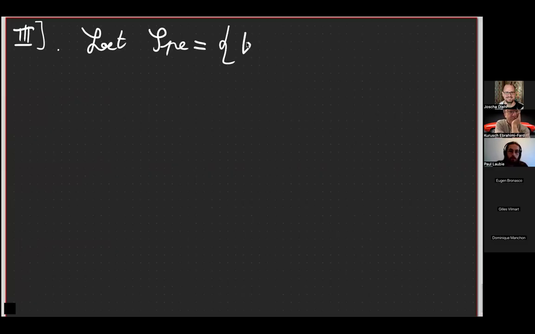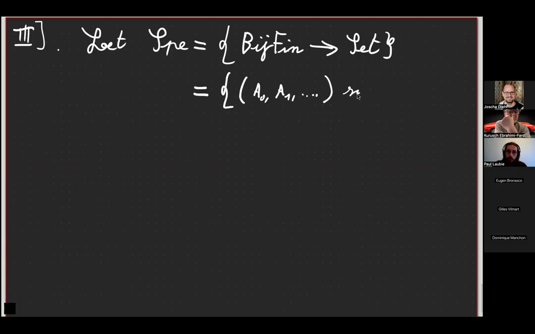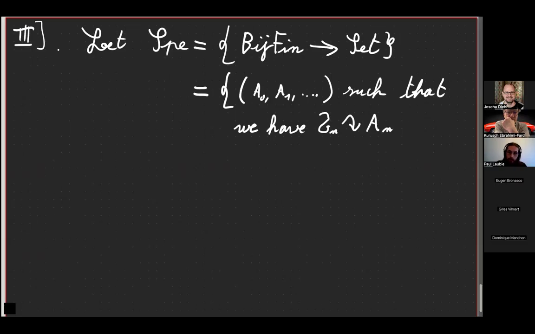There's a functor from Spin to set, and if you're afraid of this, it is equal to the set of sequences of sets A0, A1, and so on, such that we have an action of the symmetry group on An.